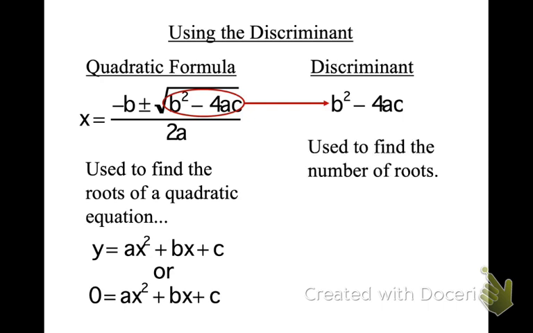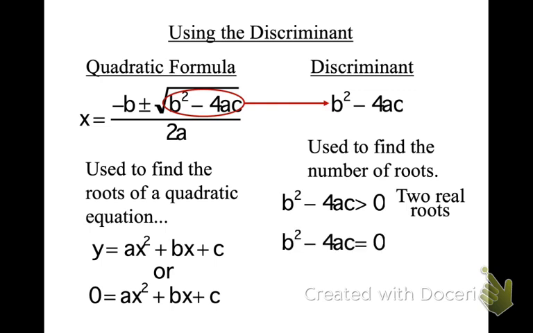If the value of that number is greater than 0, that means you're going to have 2 x-intercepts or 2 real roots. If that number is equal to 0, that means you will have 1 root.